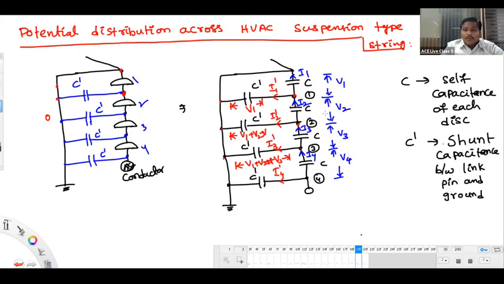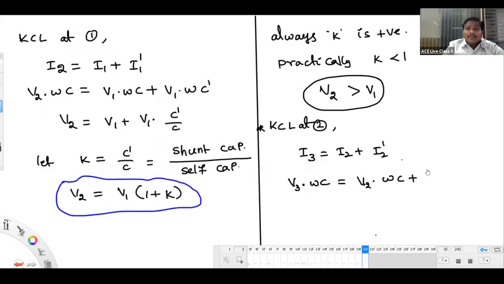I2 current is V2 omega C, plus I2 dash, this one: V1 plus V2 omega C dash.